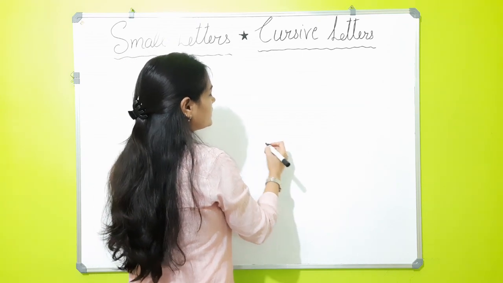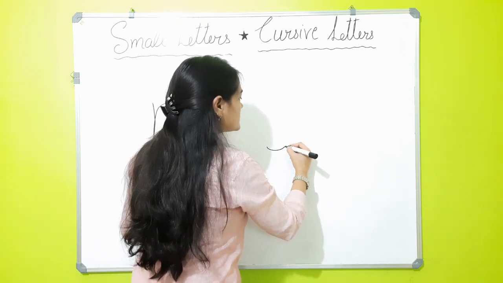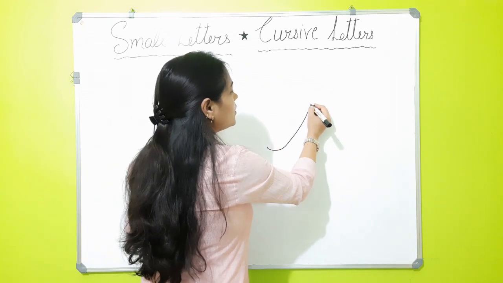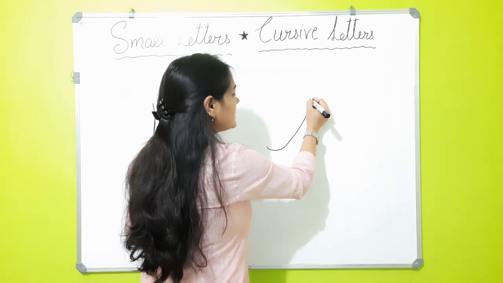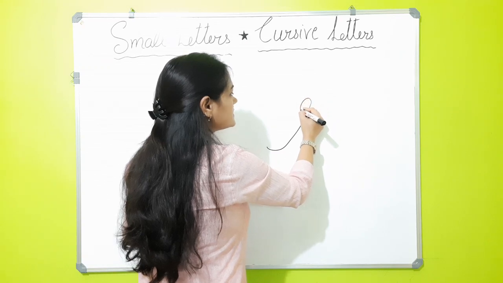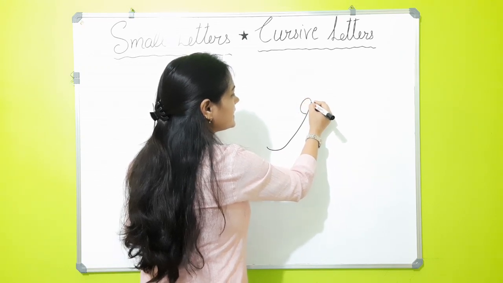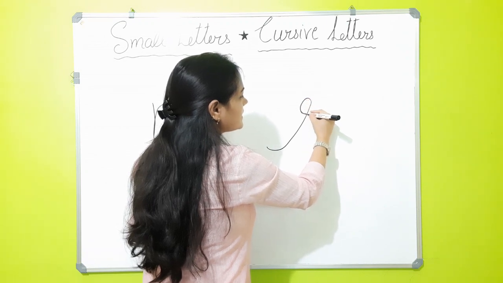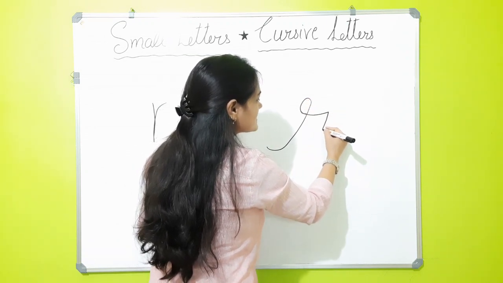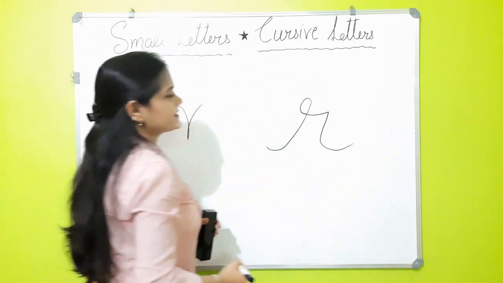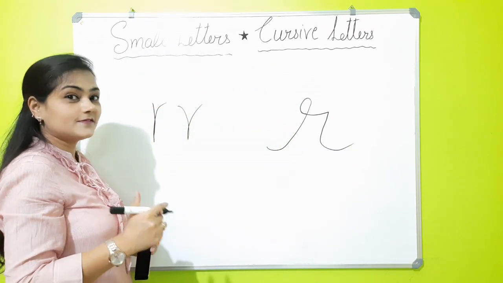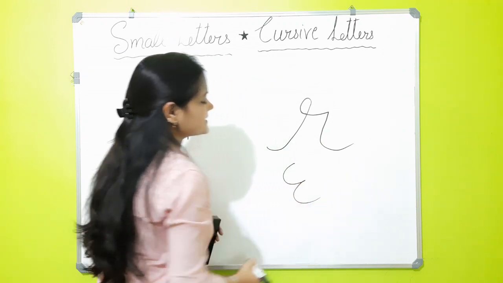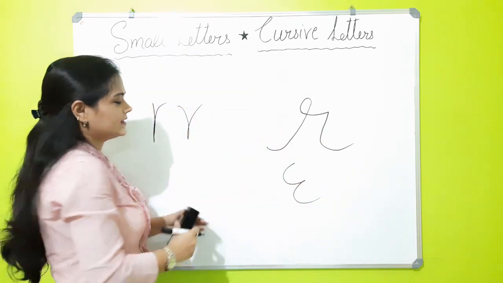See very carefully. Here we start with the tail. Fine. See here. Now, again we make a small semicircle. Look, from here to here we made a semicircle like this, down and like this. Fine. Look, we need to practice it like this. It is a reverse 3.